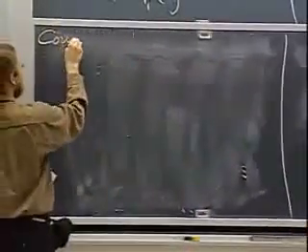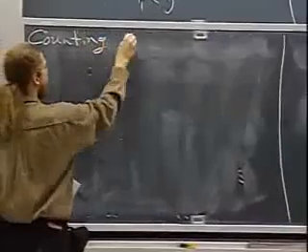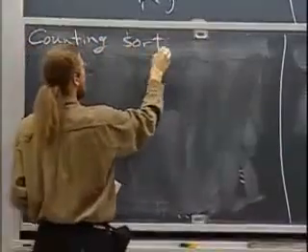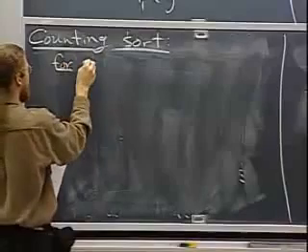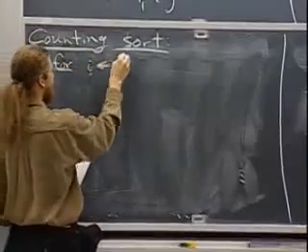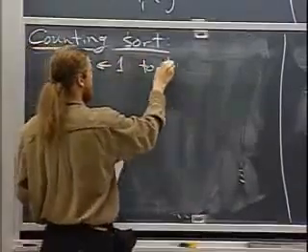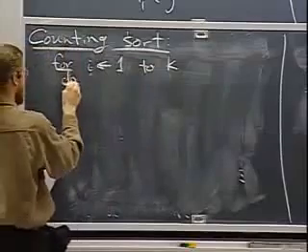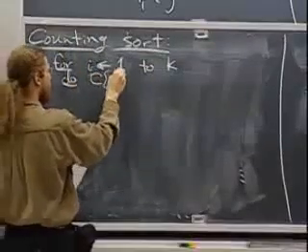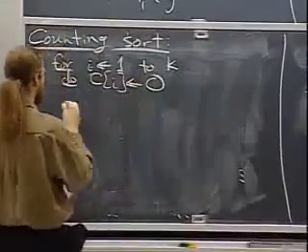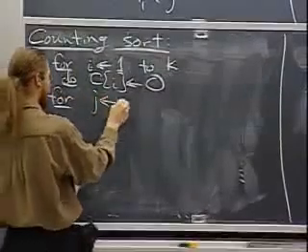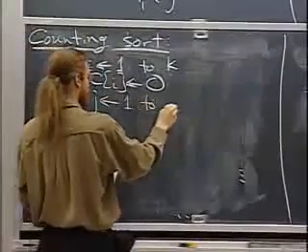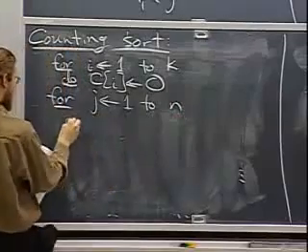So let's see the algorithm. So this is counting sort. And it takes a little while to write down, but it's pretty straightforward. So first we do some initialization. Then we do some counting.